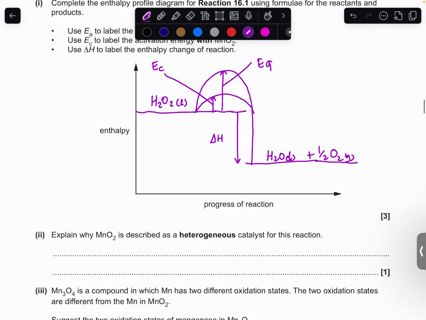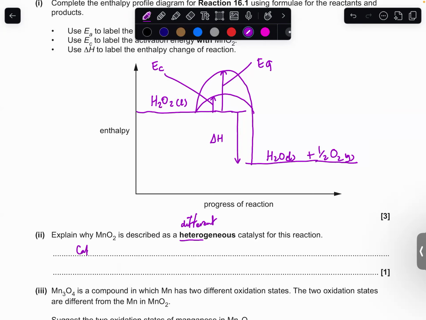Explain why MnO2 is described as a heterogeneous catalyst. You see, hetero means different. They could ask you in the exam, what does homogeneous catalysis mean? Homo is same, hetero is different.